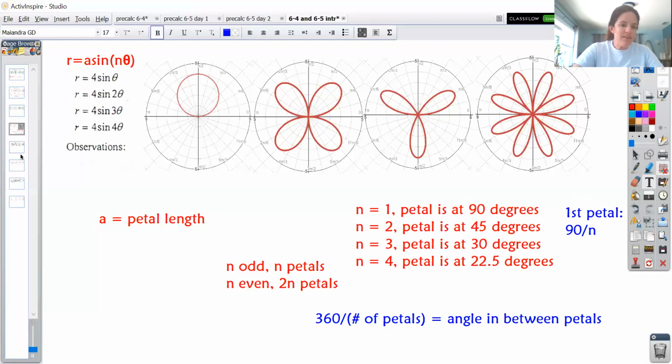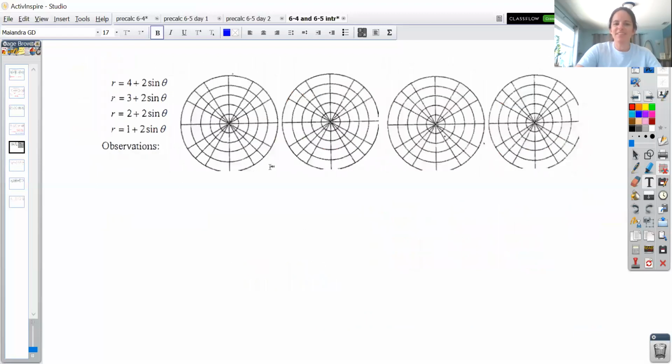Okay, and then moving right along. So now this is a different type of thing because now we have 2 terms here. So do the same thing. You are going to have to change your y max here to 6, maybe 7, and then go back and hit zoom square again, just to make sure that you get as high as you need to for this set.